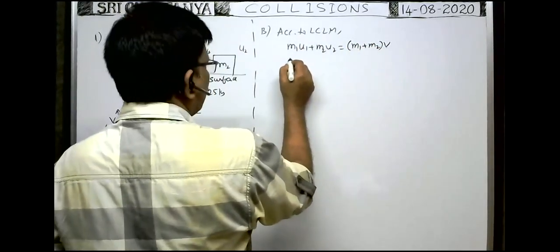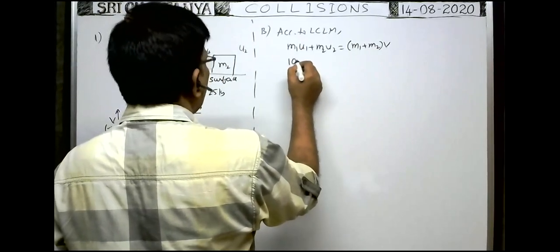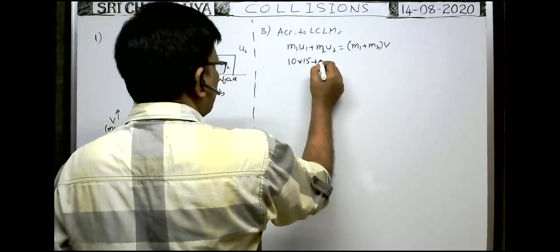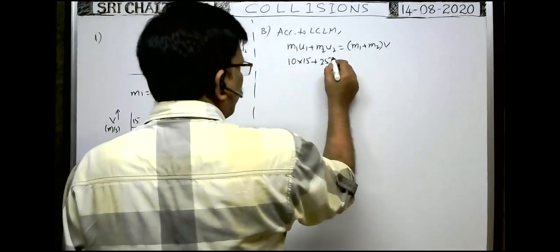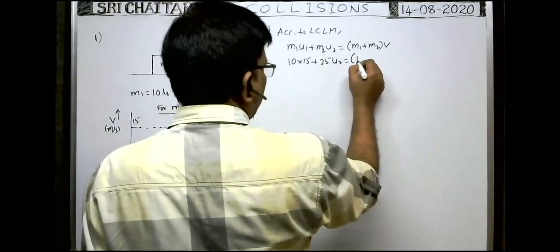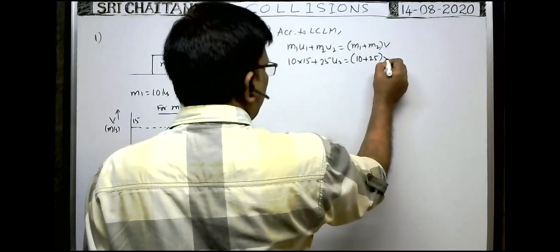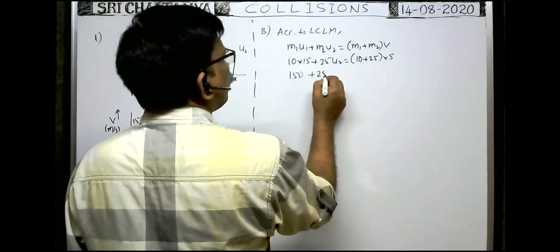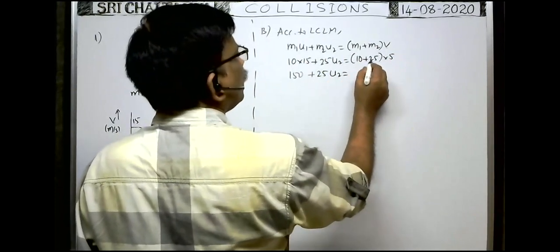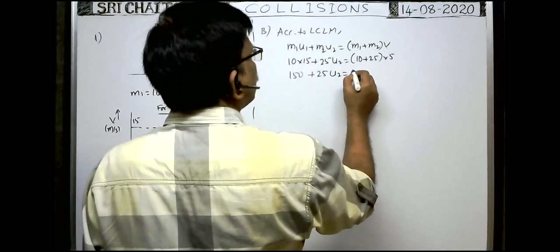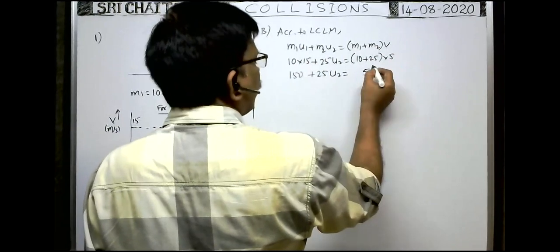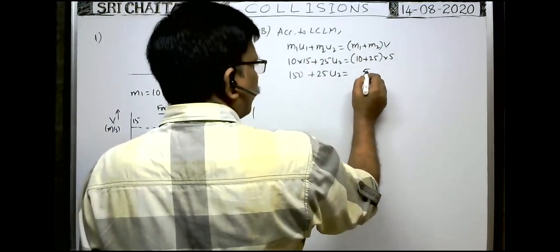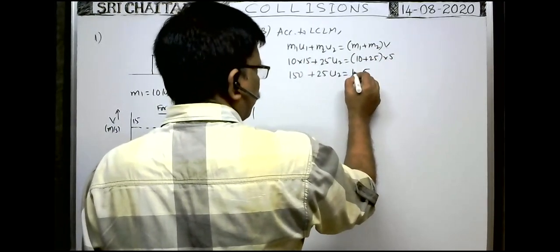Here we substitute the data. m1 means 10 kg into u1 means 15, plus m2 25 is given, u2 we don't know, that is equal to m1 plus m2, 10 plus 25, into the common velocity 5. Therefore 150 plus 25 u2 is equal to 35 into 5. 35 into 5 means 5 fives are 25, 5 threes are 15, 175.